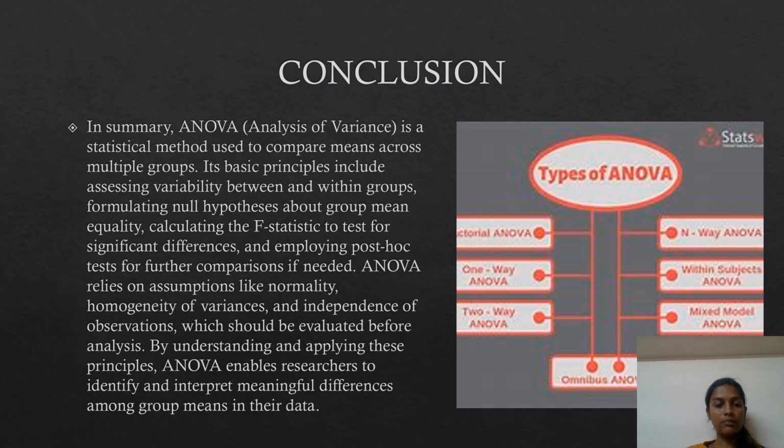ANOVA relies on assumptions like normality, homogeneity of variances, and independence of observations, which should be evaluated before the analysis. By understanding and applying these principles, ANOVA enables the researcher to identify and interpret meaningful differences among the group means in their data.